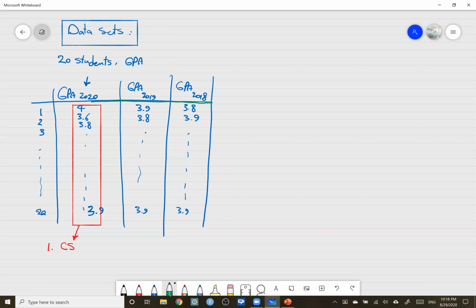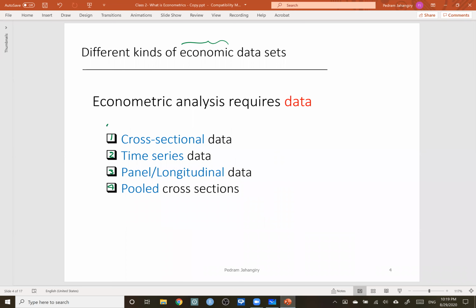This is going to be our time series data. Let's go back to slides. We're done with cross-section. Cross-section is multiple people at one time. Time series is one person over multiple periods.